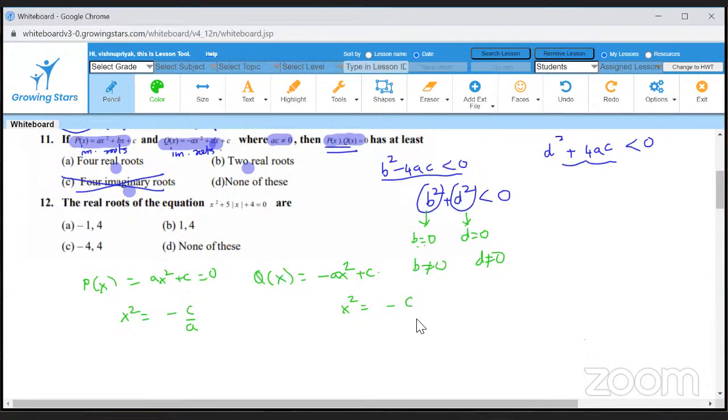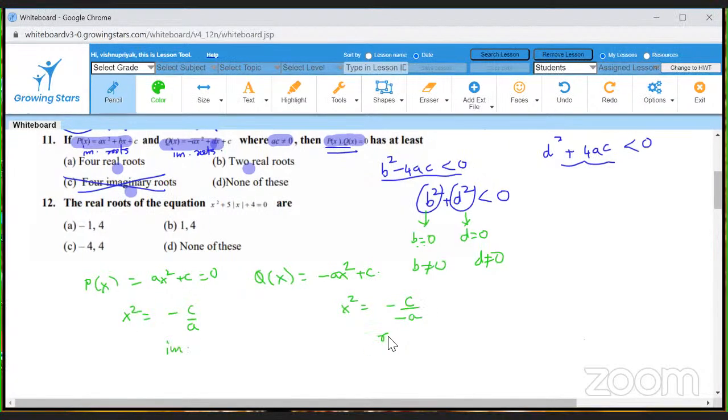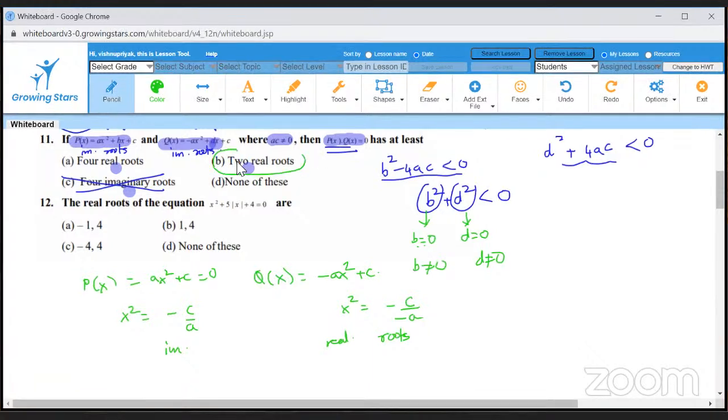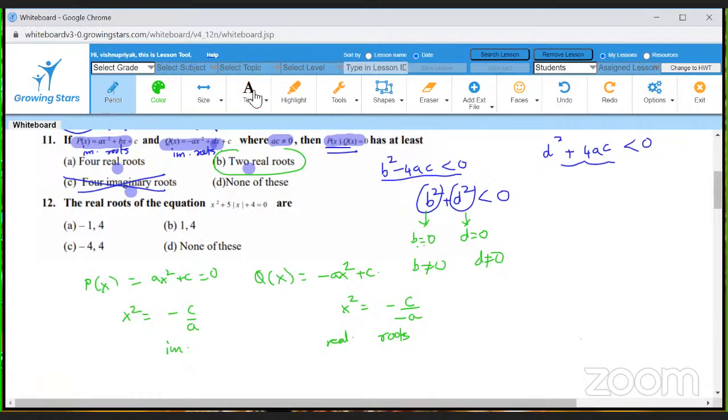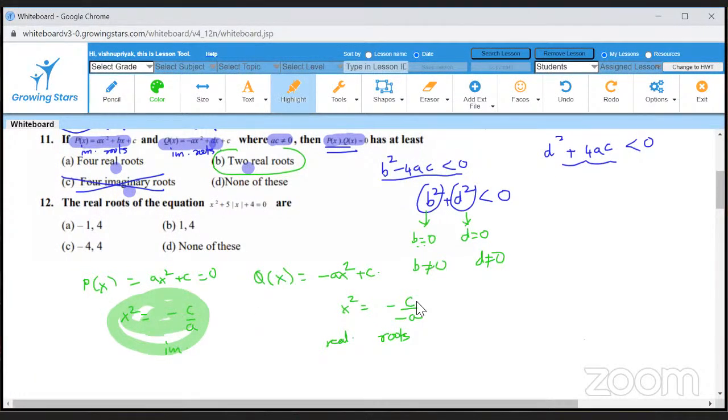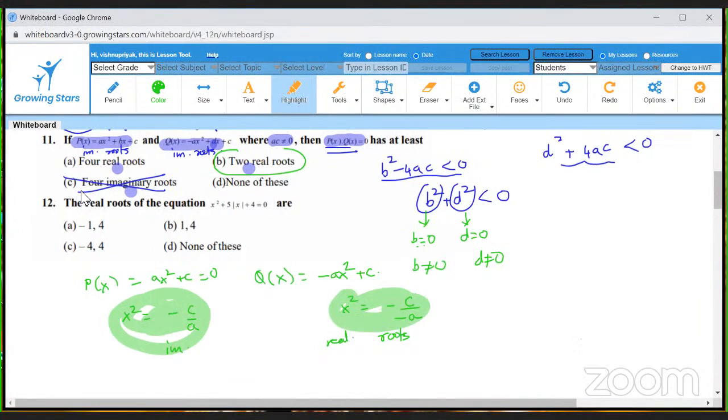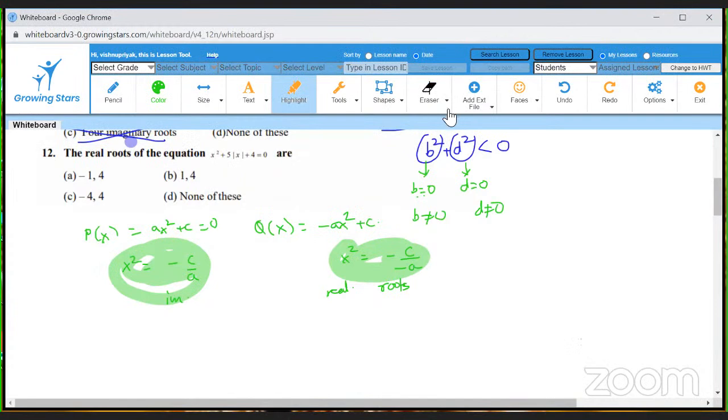Minus C by minus A. This root will be imaginary, but these 2 roots will be real roots. So 2 real roots will be the correct answer. Here we are getting 2 imaginary roots, 2 real roots. We are not getting all 4 imaginary. We are not getting all 4 real roots. We are getting 2 imaginary roots and 2 real roots. This is the case you can take.